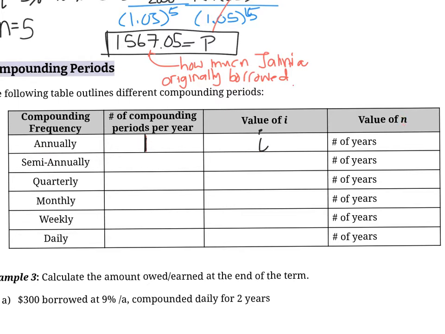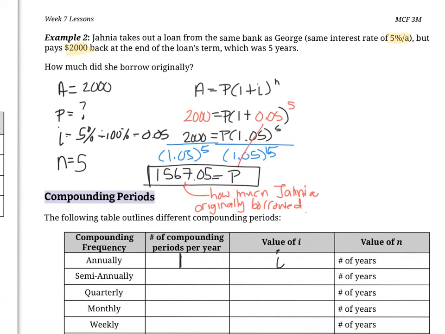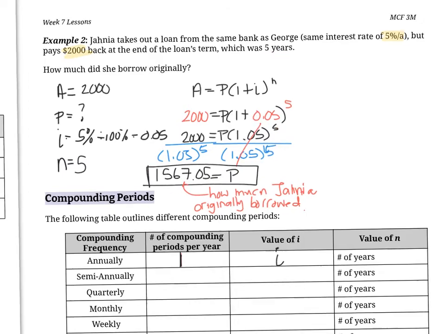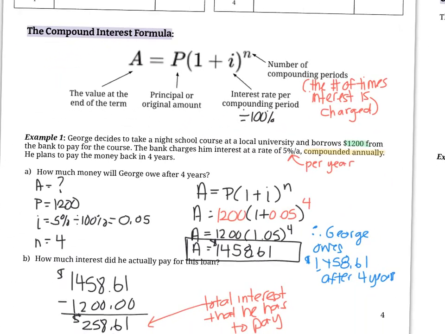And the value of n is just the number of years. So, for example, the two examples that we just did were compounded annually, and we can see that our n value was just equal to the number of years, so 5 and 5. Same with the other page. It was 4 years, and our n value was just 4, so they just matched.